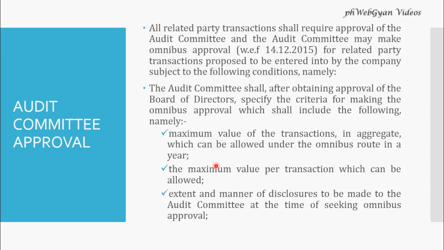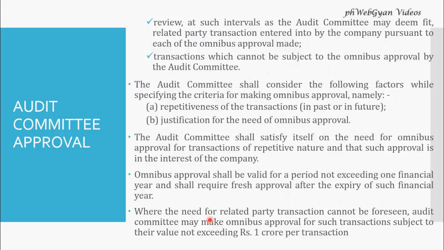Then thirdly, the extent, manner and disclosure to be made to the audit committee at the time of seeking omnibus approval. So these are the things that are required to be considered before this omnibus approval is given or sought.